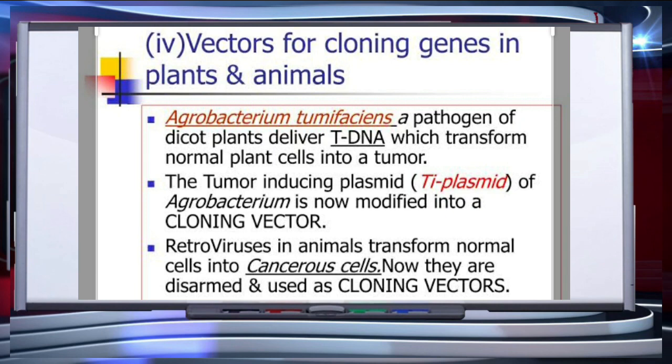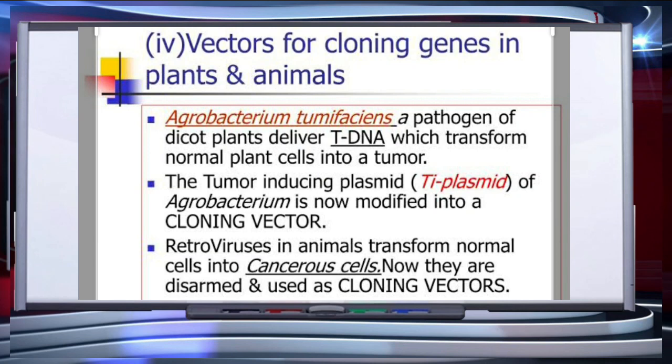There are many vectors which are used to clone genes in plants and animals. In plants, the tumor-inducing plasmid of Agrobacterium tumefaciens is used as a cloning vector. It delivers a piece of DNA known as T-DNA in the Ti plasmid, which transforms normal plant cells into tumor cells to produce chemicals required by pathogens.